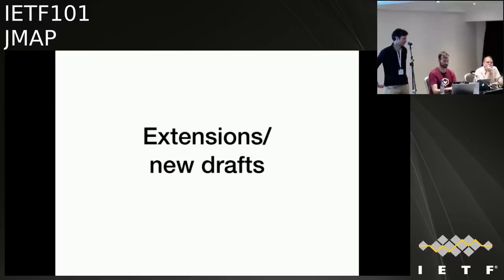Because to glue a JMAP submission to a submission server, you need something like XCLIENT. And if you don't, you probably want to implement Milter in your JMAP server, which tells you why you want to glue your JMAP server to a submission server.